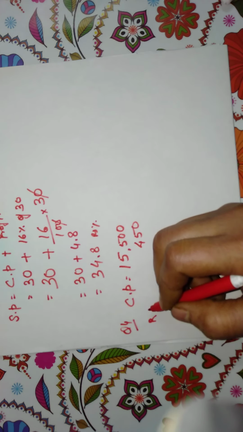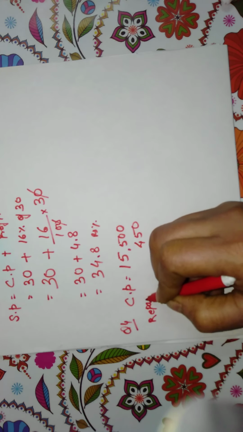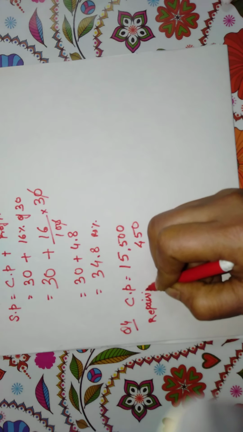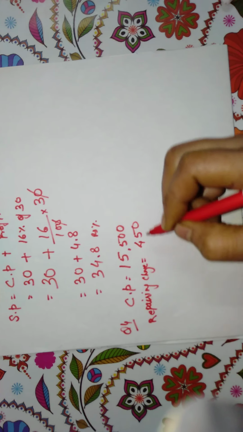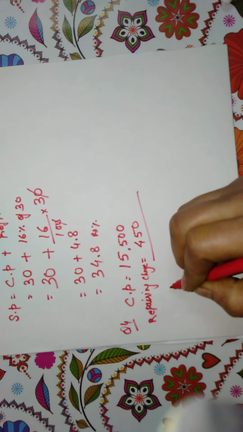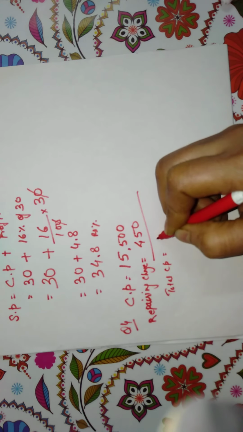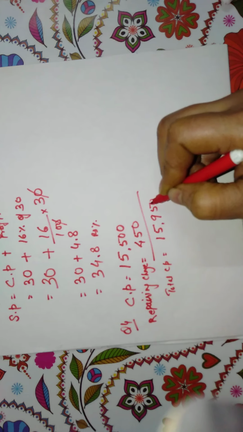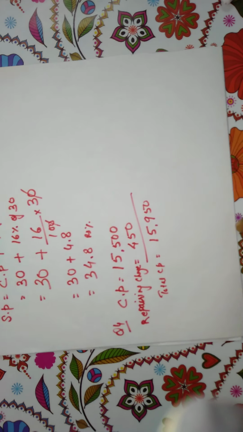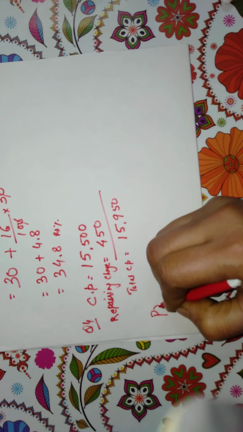And overhead expense is always added to the cost price. So the repairing charge is 450, and the total CP is 15,950 rupees.